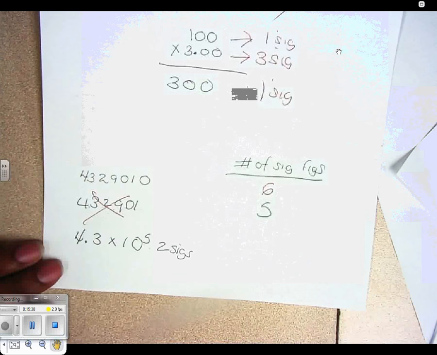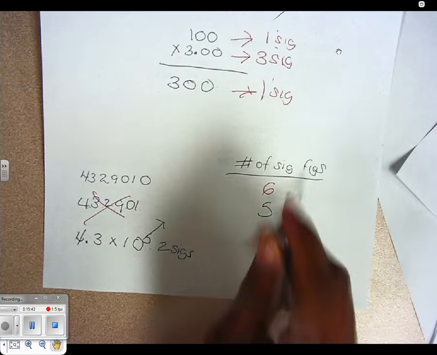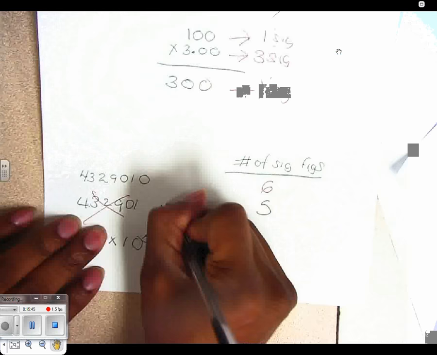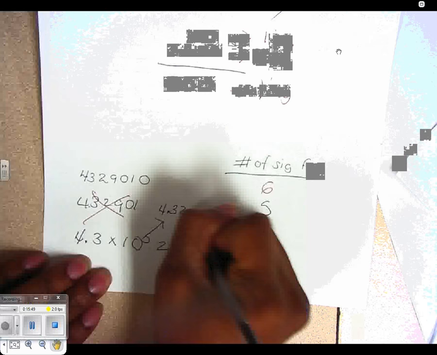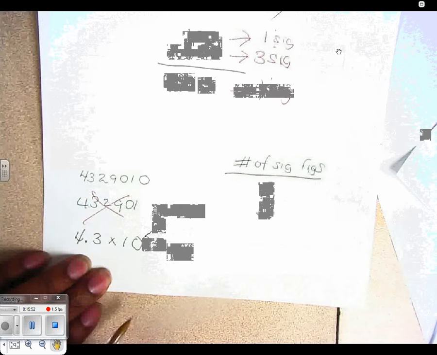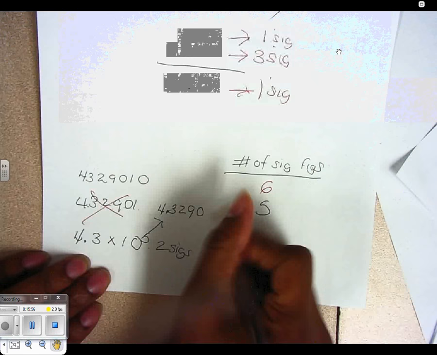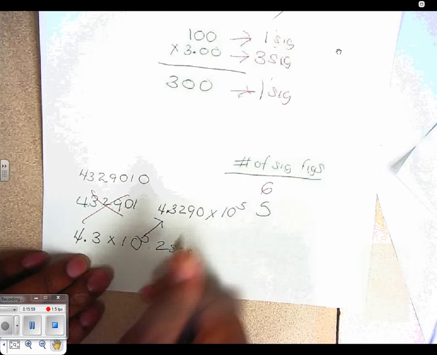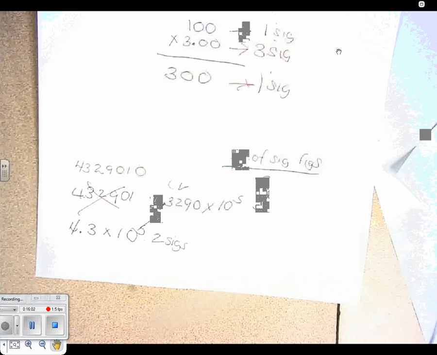Well, if we're trying to have five significant figures, we could apply the same principle by just writing 4.329, and we would have our five significant figures with that number there. That's why that's important.